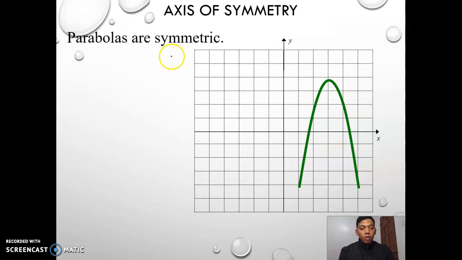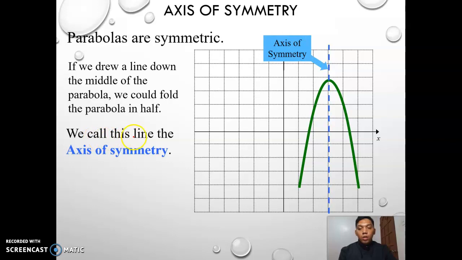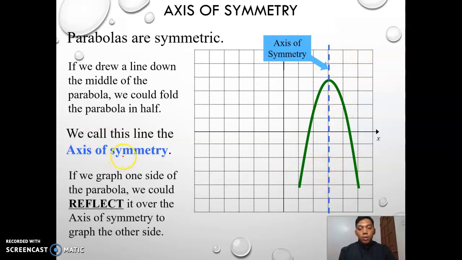Parabolas are symmetric. When you say symmetric, whatever is on the left side is reflected on the right side. If we draw a line in the middle of the parabola, we could fold the parabola in half, right? We call this line, this blue line, the axis of symmetry.